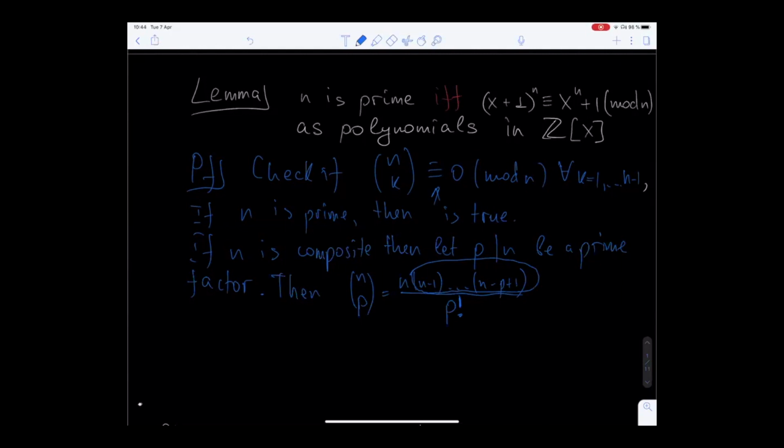I mean, if p just appeared in the first power in the factorization of n, then n divided by p would not be divisible by p, and in any case, this thing is not divisible by the right power of p, and thus is not divisible by n.